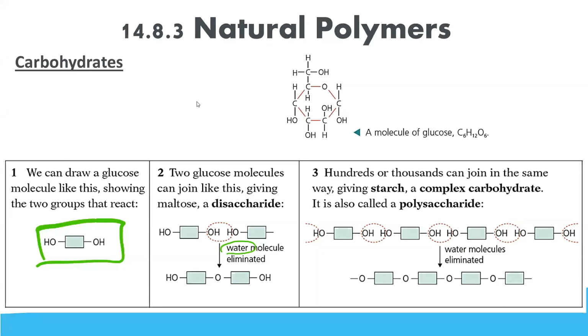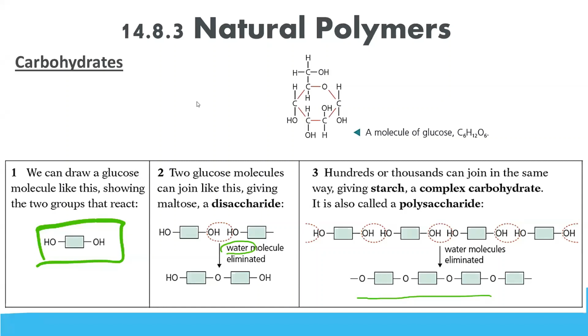For example, if the question is asking you to draw 3 repeating units or 4 repeating units, this will be the answer. The main idea is, usually when we draw the structure in carbohydrates, there will be no bracket n.